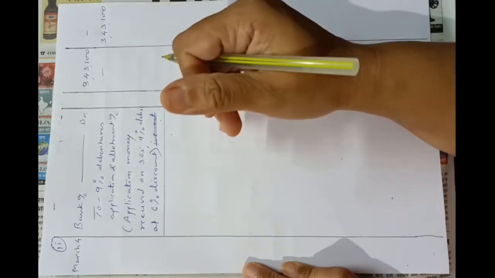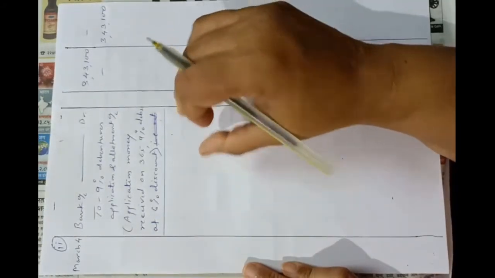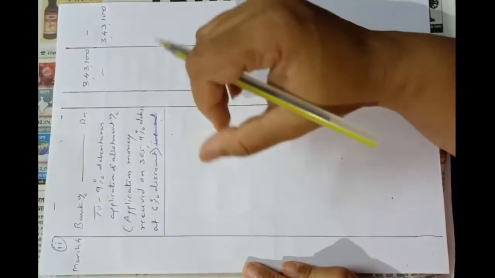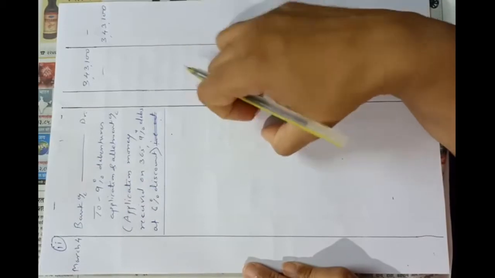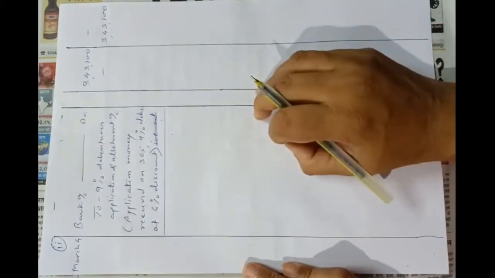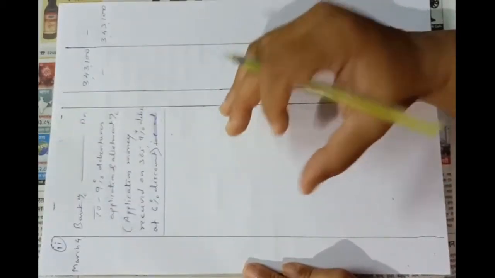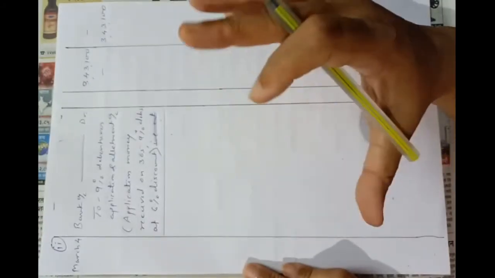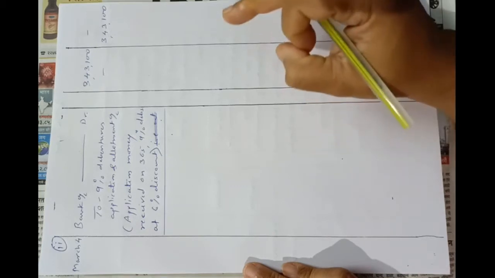We can pass entry debenture application and allotment account debit, discount on issue of debentures account debit, loss on issue of debentures account debit to 9% debentures account to premium on redemption of debentures account. This way, just like yesterday I taught you. Otherwise we can group together the discount and loss due to premium on redemption, and we can debit total amount to loss on issue of debentures account.